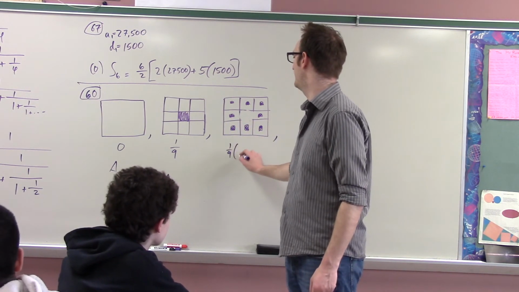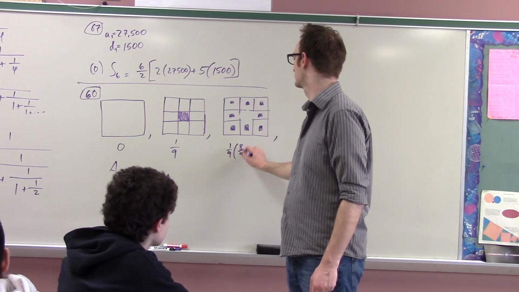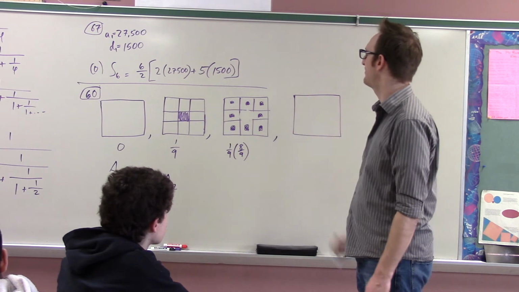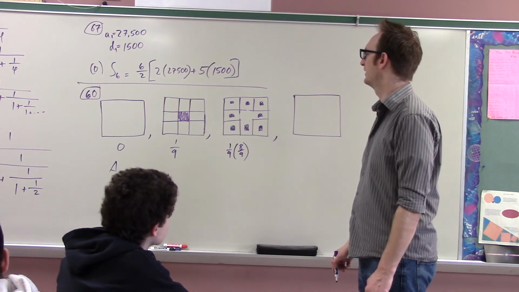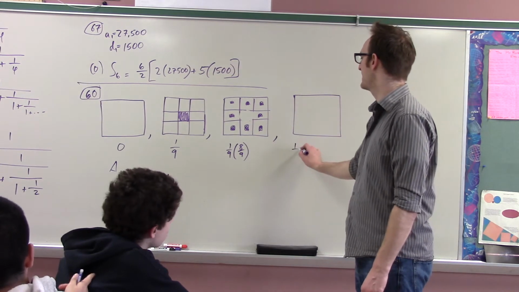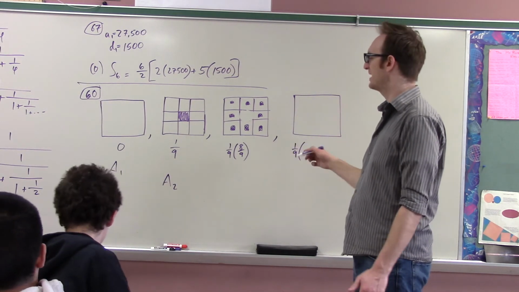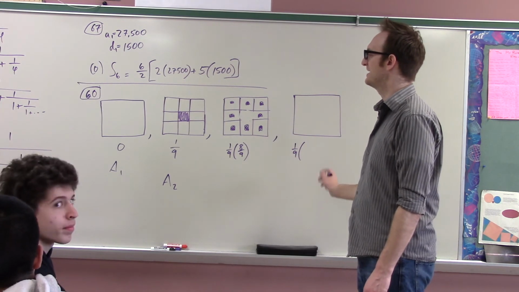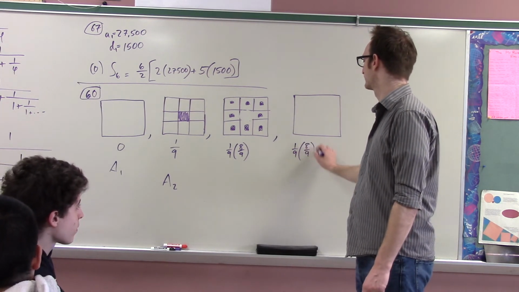Well, 1/9 of 8/9. Then in the next step, how much will be shaded? Well, 1/9 of what remains unshaded, which is 8/9 squared, 8/9 of 8/9.